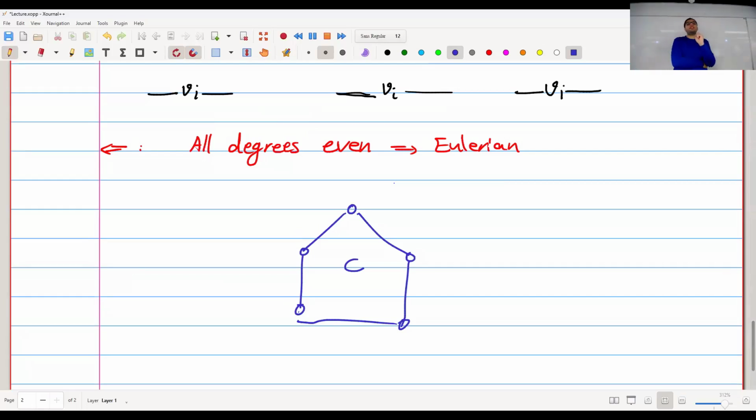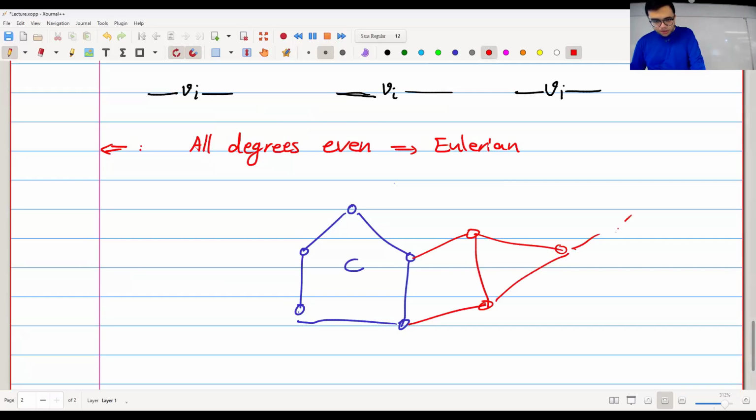But this doesn't mean that the remaining graph is Eulerian, because maybe the remaining graph is not connected anymore, right? So after I remove this cycle, I might have several connected components in the remaining graph. For example, let's say I have this connected component, and it has a bunch of other vertices. Maybe I have a different connected component on this side.